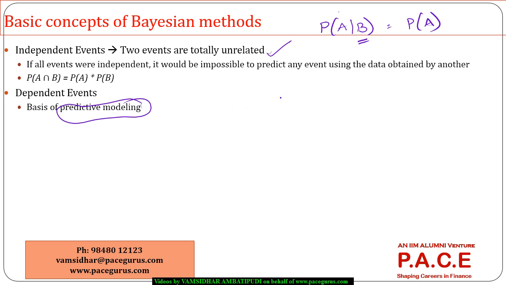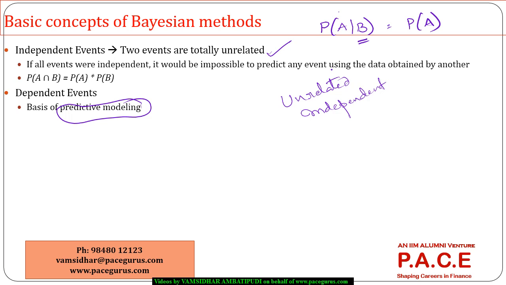If the events are very much independent, so if one event has occurred, I can't make any statement regarding the occurrence of the other event. Those kinds of events, I really can't use as a part of my predictive modeling. This is one important statement I wanted to make in case of probability estimates.